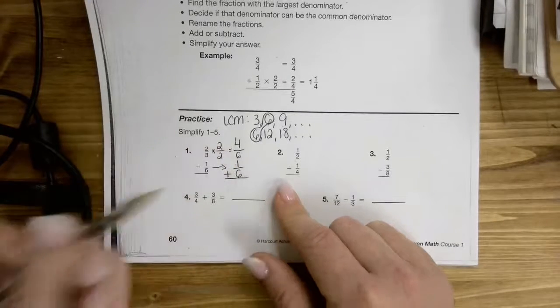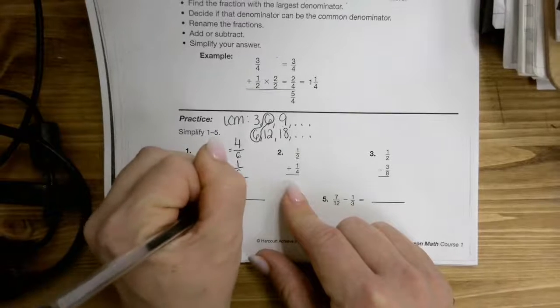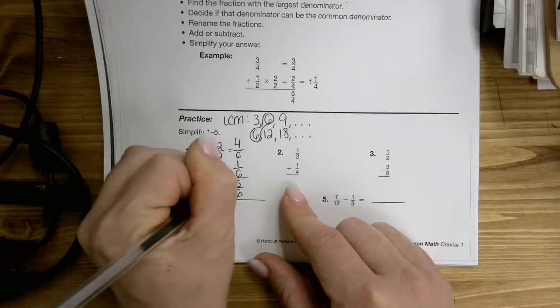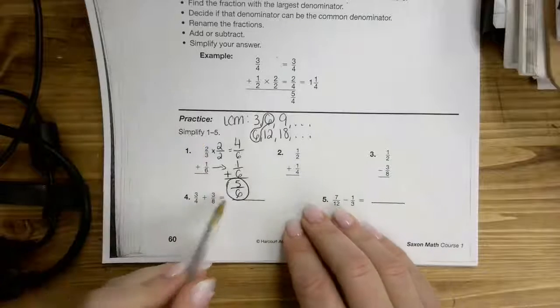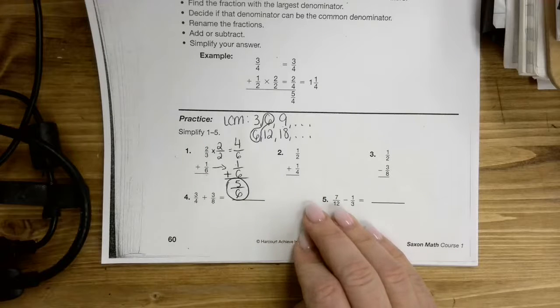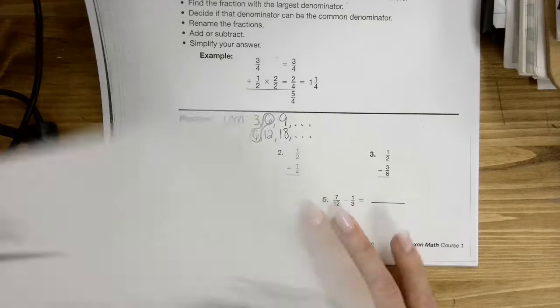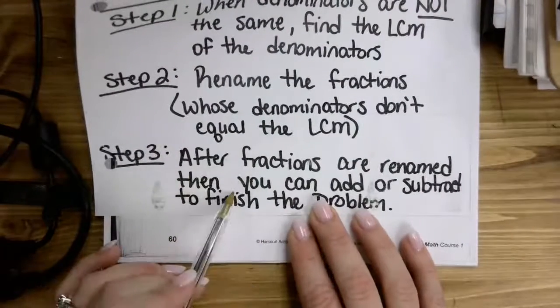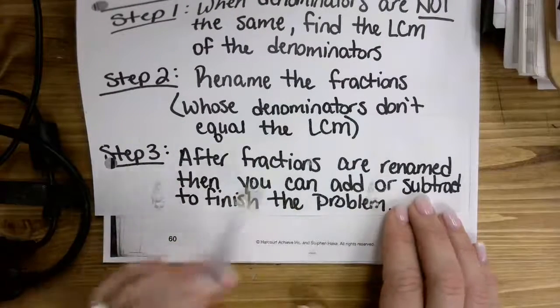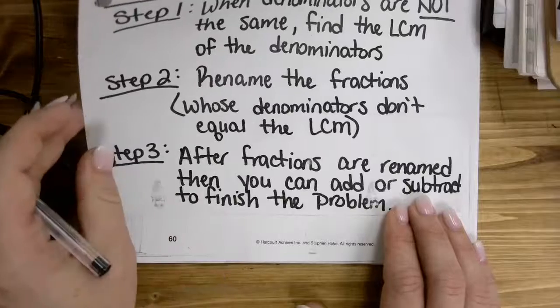So 4 plus 1 is 5. And then 6 is my denominator. Sorry about that, guys. So 5/6 is my answer. So we did steps 1, 2, and 3, of course. After the fractions are renamed, then you add or subtract to finish the problem, whatever it has you do.